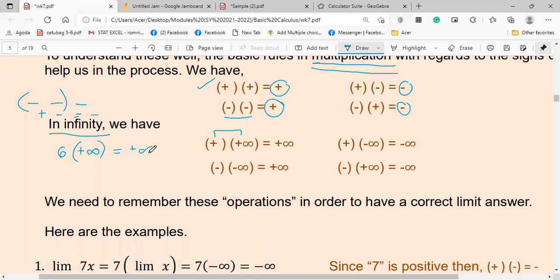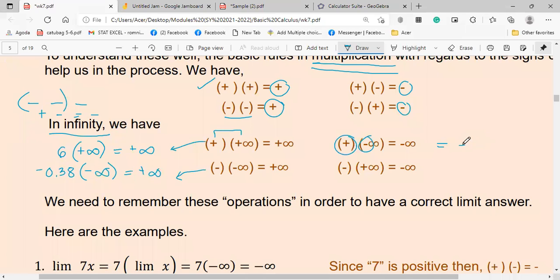It's positive infinity. Basta positive yung constant mo at positive yung infinity. Kung negative ang constant mo tapos negative ang infinity, positive ang magiging result. Negative 0.38 times negative infinity, positive infinity. Okay? So here naman, positive times negative is negative.